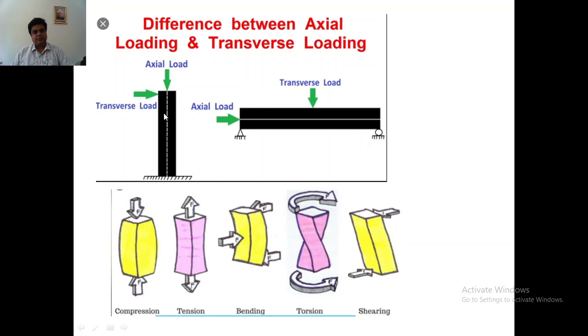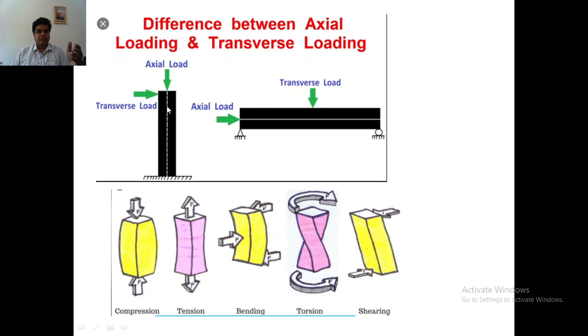For example, in this drawing we have a length of metal, and if you look at the cross section, it can be any cross section. It can be circular or triangular or rectangular, whatever it is. Just to assume one column. For example, this is a column and the base is fixed permanently here and the other end is free.